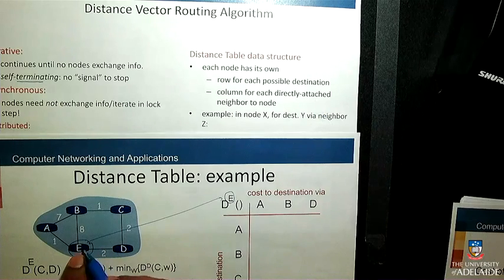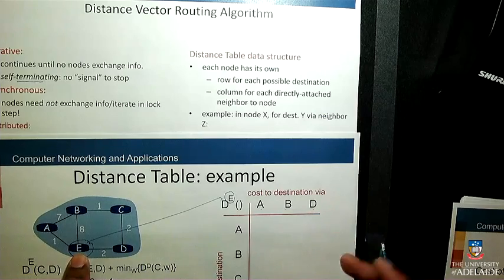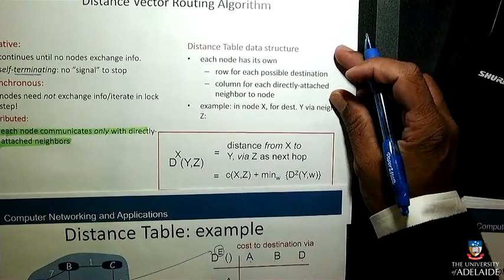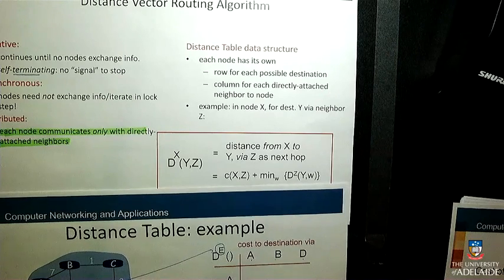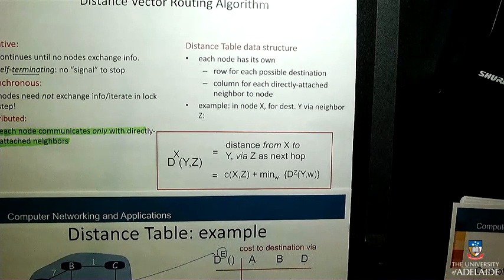So E has A, B, and D. And then you want to find the link cost to your neighbor, which is here, 1, 8, and 2.